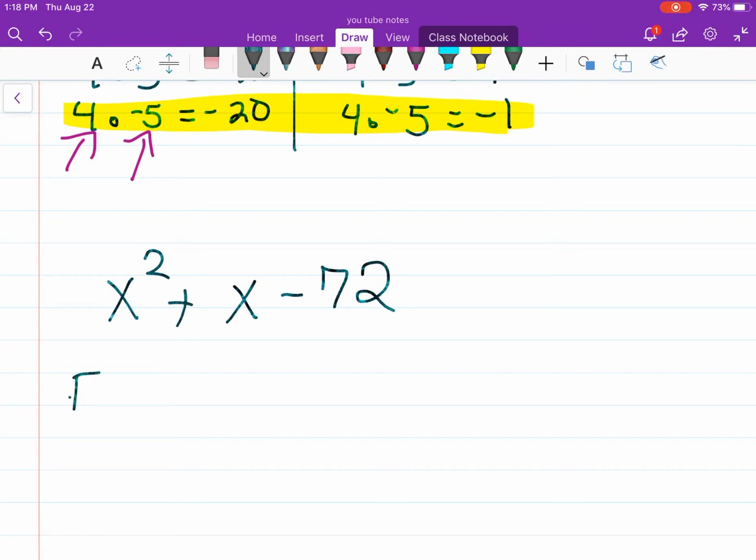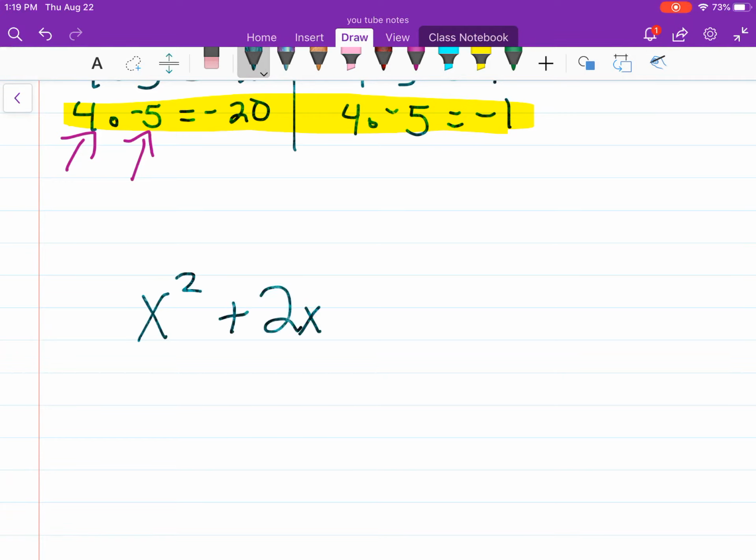All right, so I'm looking for, actually, I don't like that problem. Let's do one that's going to have some different factors. All right, let's do this one. X squared plus 2x minus 15.